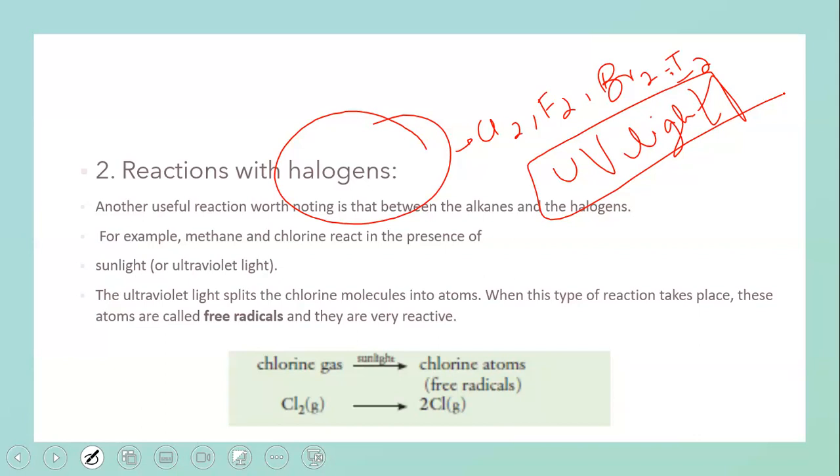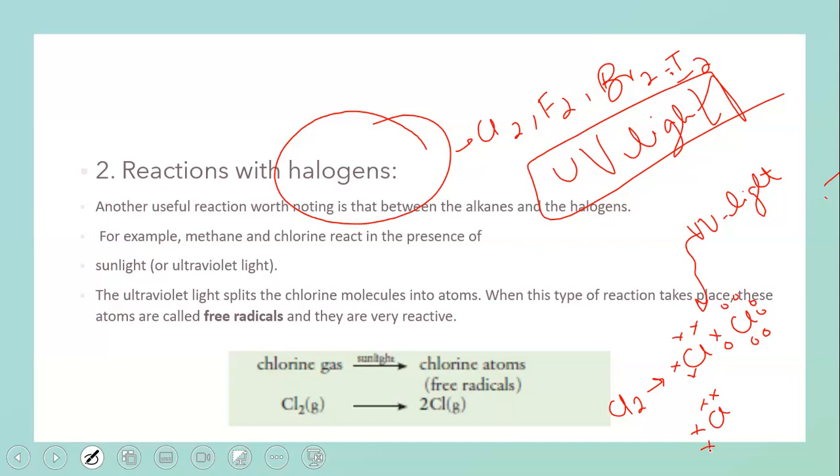What happens? It happens like this. Let's say we are taking halogens. Let's take chlorine. I have chlorine gas in my atmosphere. Chlorine is a diatomic molecule made up of a single covalent bond, one shared pair of electrons. Now, the sunlight, the UV light, is going to break the covalent bond between the two chlorine atoms.